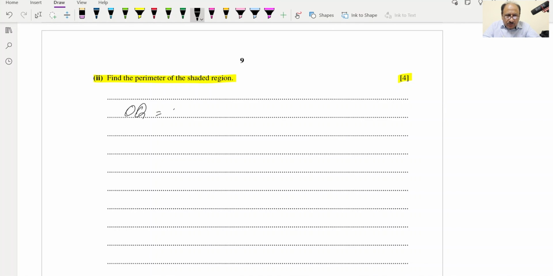OQ is equal to 10 centimeters, and OR is equal to PR minus PO, which is equal to 17.8 minus 10, which is equal to 7.8 centimeters. So we got OR also, and RQ is required.